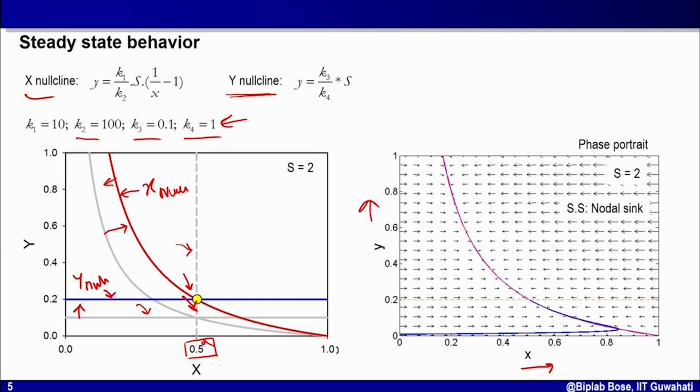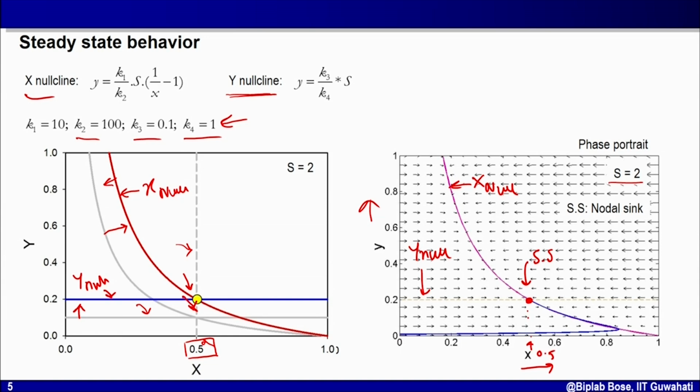I have drawn the phase portrait considering s equal to 2, and this is my x nullcline, and this yellow one is my y nullcline. Let me erase this one. So now the intersection point is here. So this is my steady state. And you can easily see that it is at around 0.5.